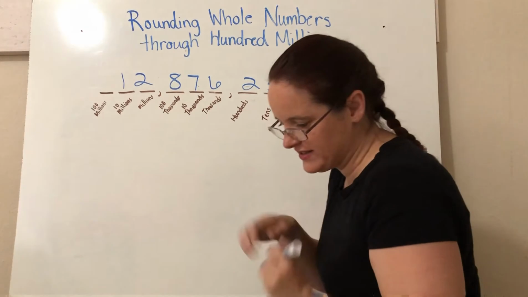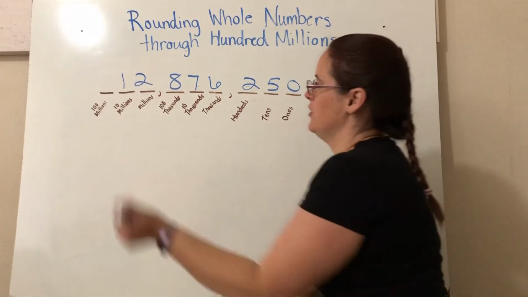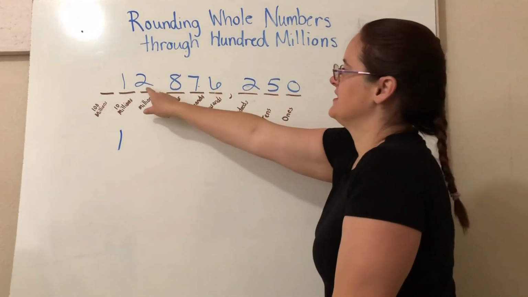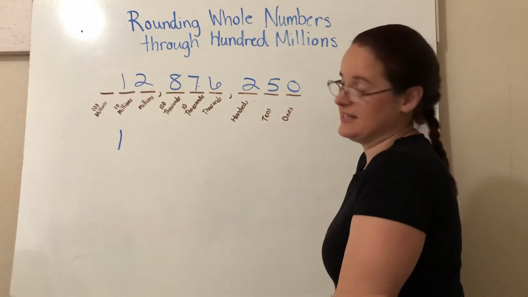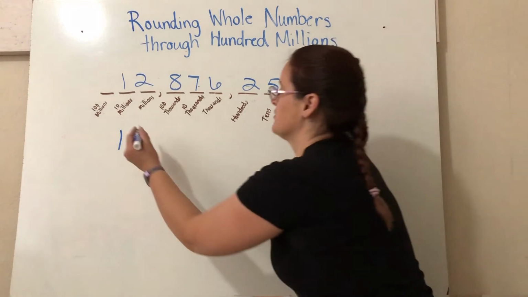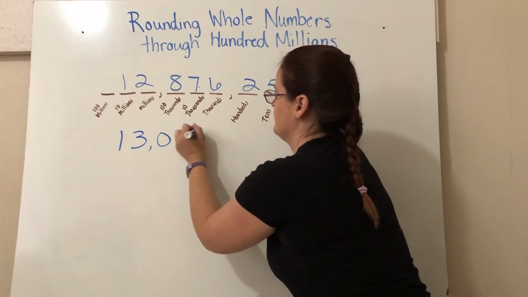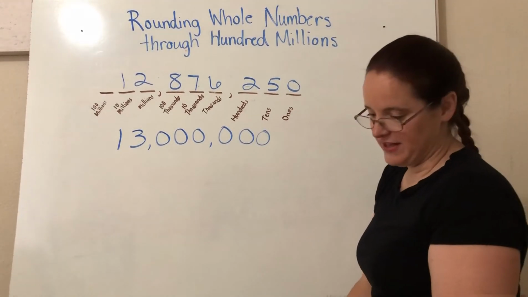Okay, and we're rounding it to the nearest million. So that would be right here, which means our 1 doesn't change. And I have to decide, is this going to be 12 million or 13 million? Well, 8 is bigger than 5. We're going to round up. 13 million. Everything after is zeros. And there we have it.